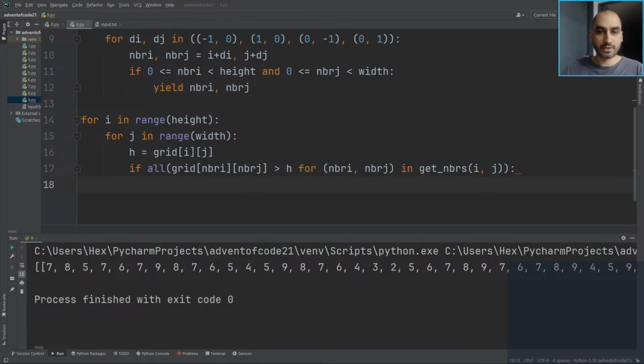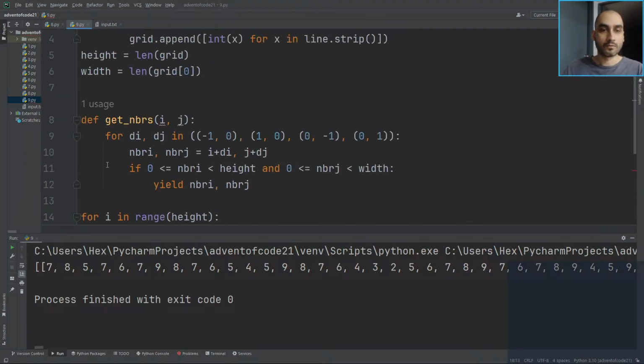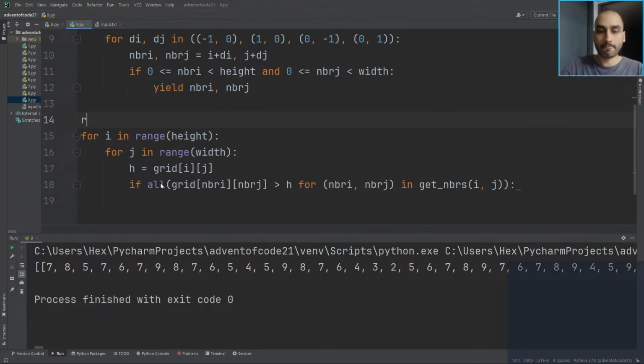We add 1 to it. We add up all the risk levels, and the risk level is 1 plus the height. So result 1 equals 0.